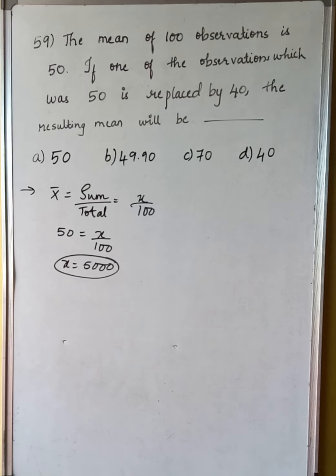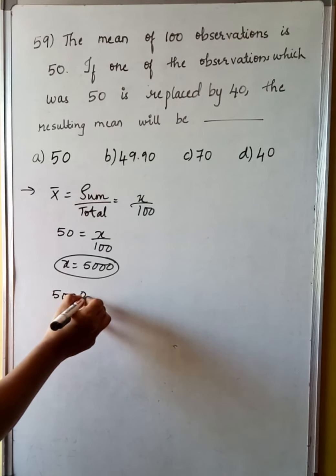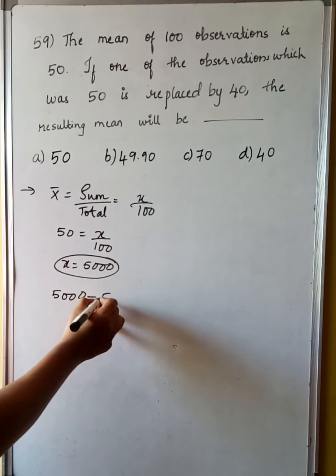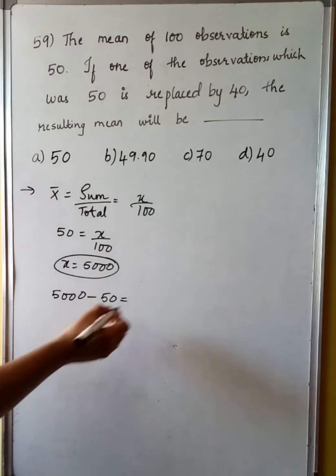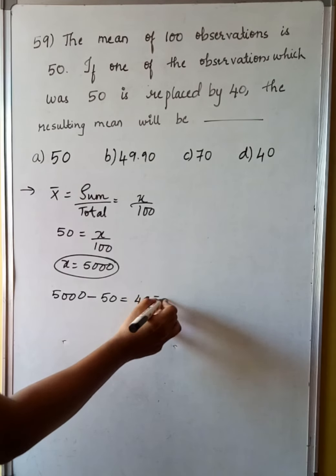Next we need to simplify this term. We have got the sum of observations, which is considered as x. So when I simplify this, 5000 minus the observation, which is 50, I'll be getting 4950.